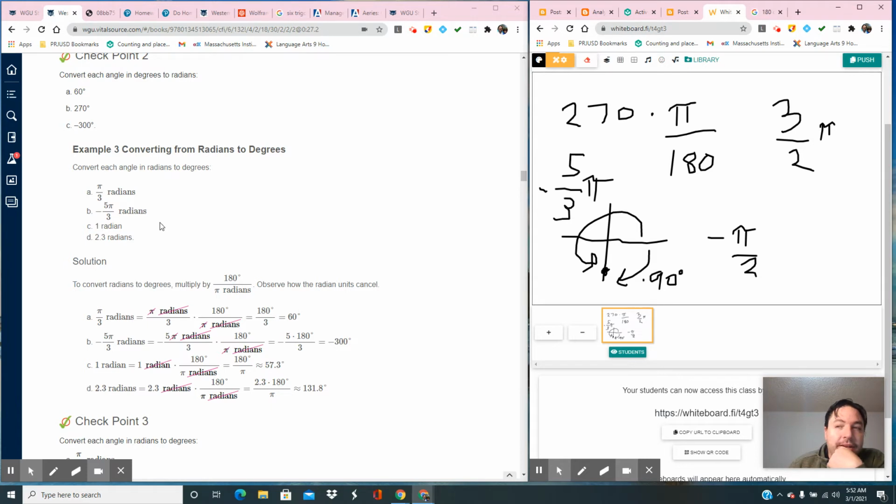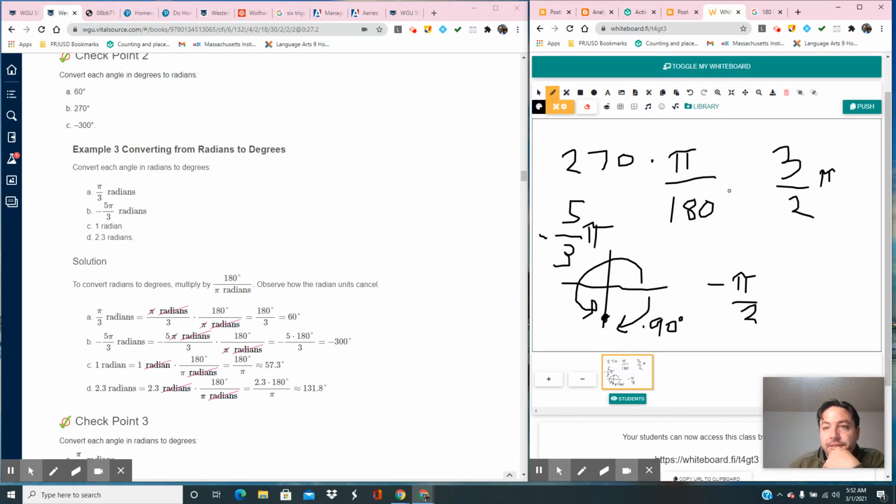Now, 1 radian is actually something I already did earlier, which I got like 57 degrees or something. Because if you think about 1 radian, it should be a little bit less than 1/3 of 180. Because if 180 is pi, but pi is 3.14, then 1 is a little bit less than a third of 3.14.